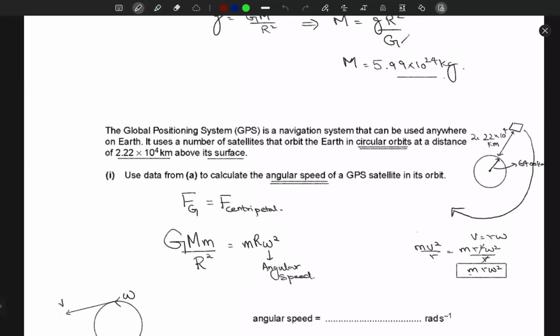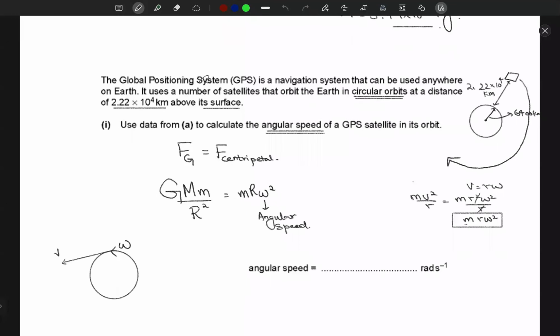The problem is that we have a global positioning system, GPS, and it can be used anywhere on the Earth. The GPS system is where you have a number of satellites which orbit the Earth in a circular orbit at some distance above the surface.